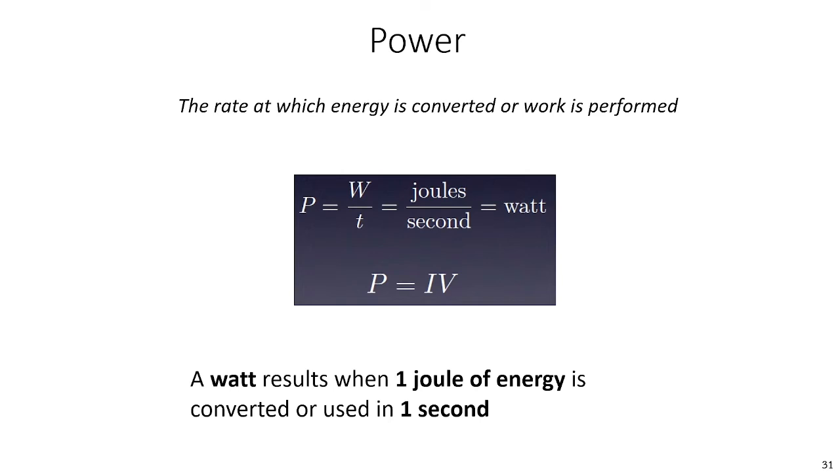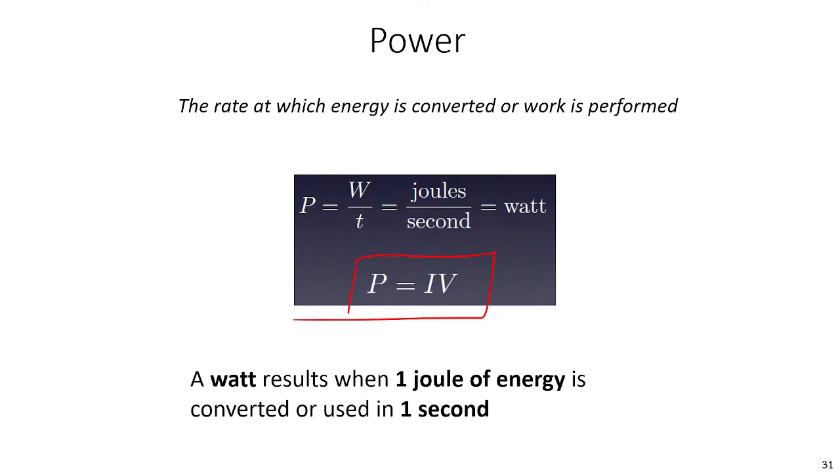Power also. The power of current and voltage, we can compute by the current multiplied with voltage. P is I multiplied with V. I think you're familiar with this power also. The unit is watt, joule per second.